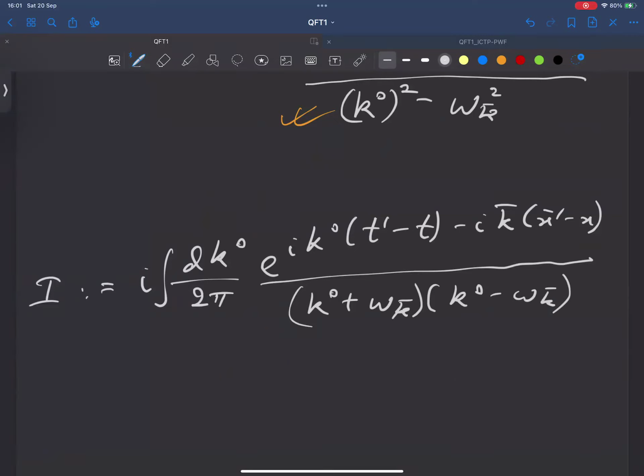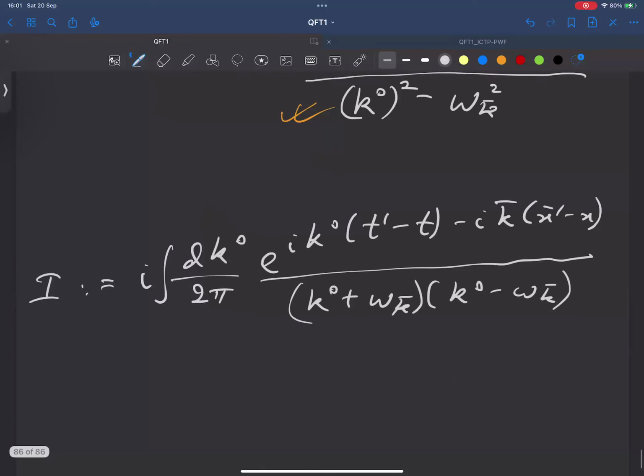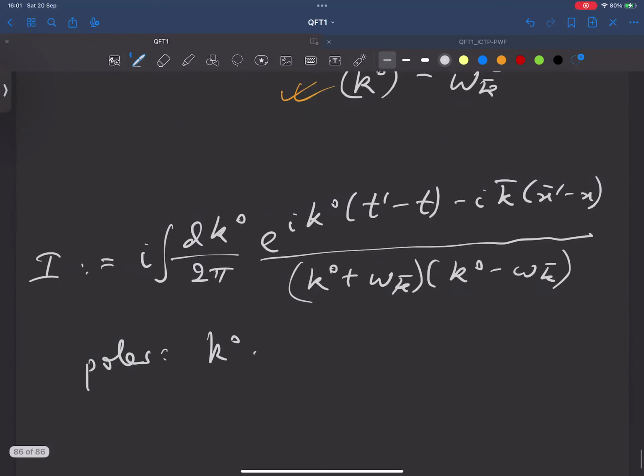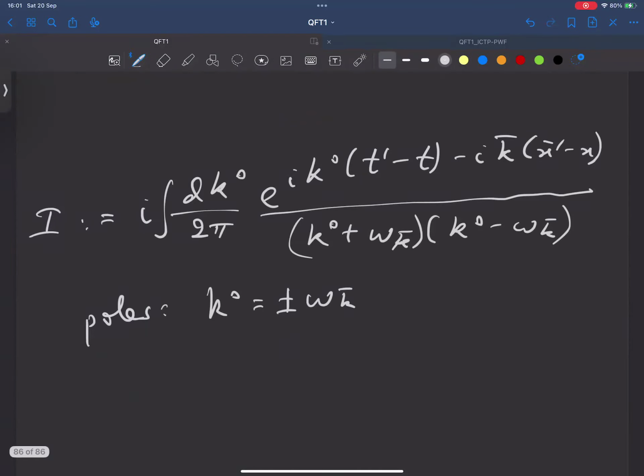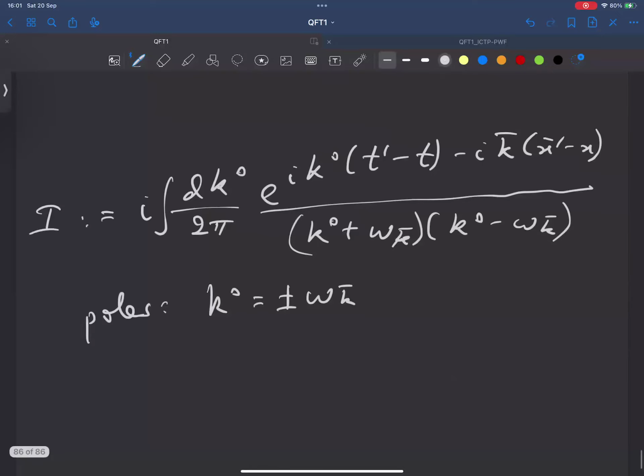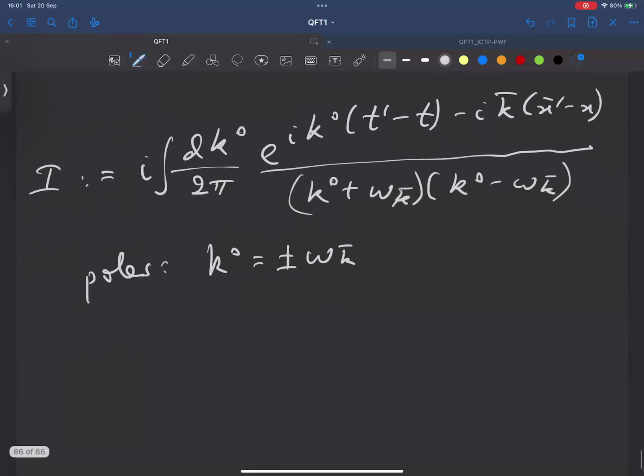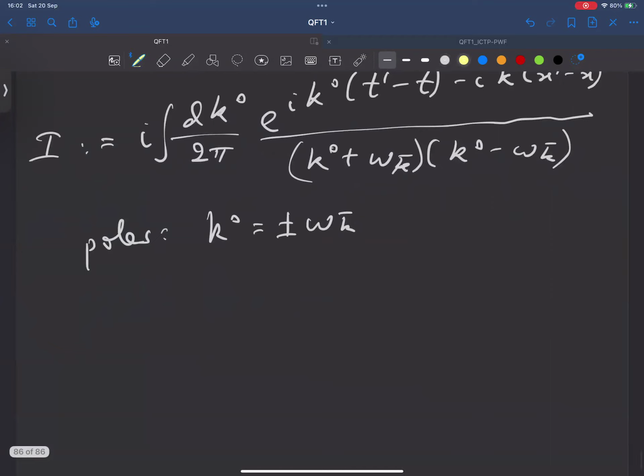Now you see this integral has poles. Poles are where this integral diverges, at plus minus omega_k. So we need to do something nice to evaluate this. Because there are poles, we need to be careful. This is where complex analysis enters.